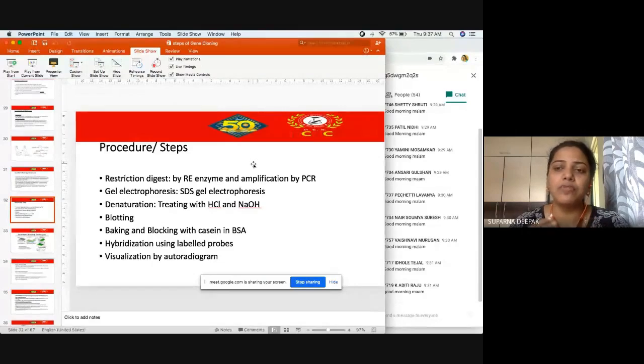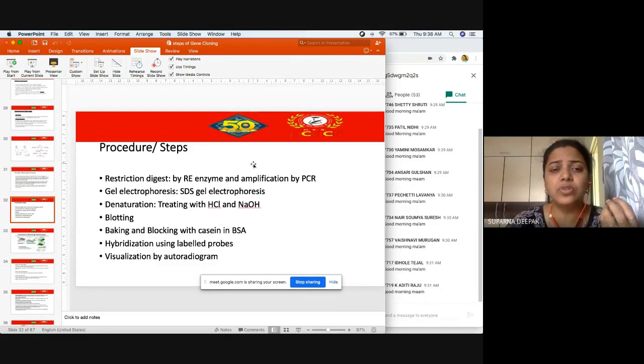See, whenever you are working with any kind of sequences, you have to first understand the sequence, and whenever you go for your gene of interest, we would be knowing the sequence of the gene of interest, and also the sequences which are flanking it would be known.